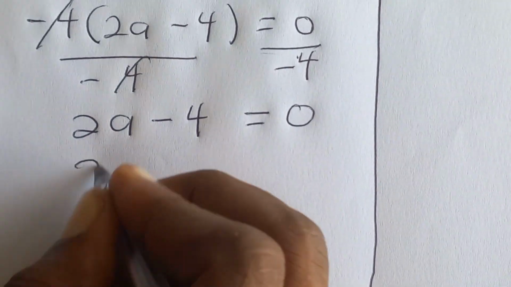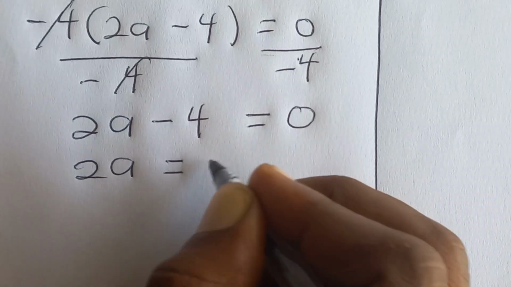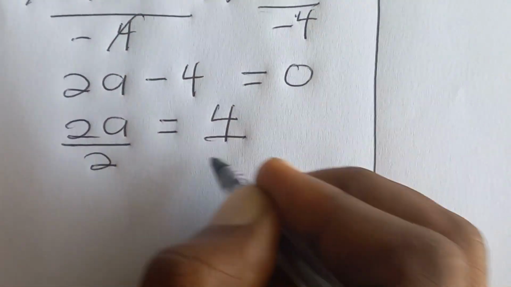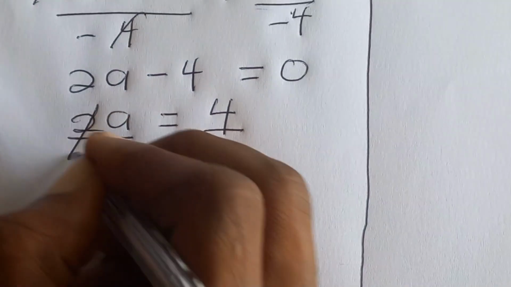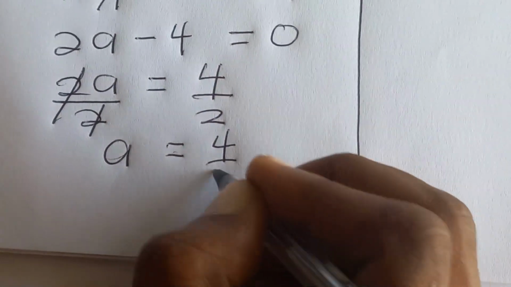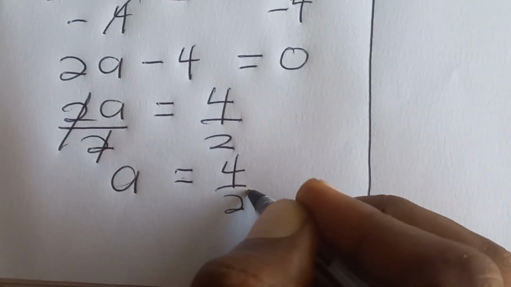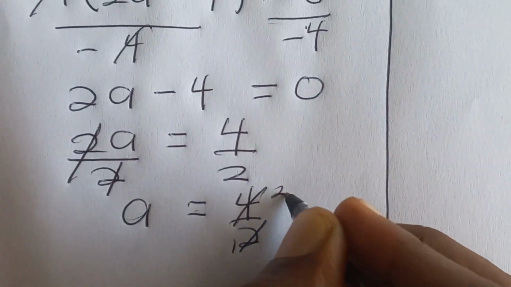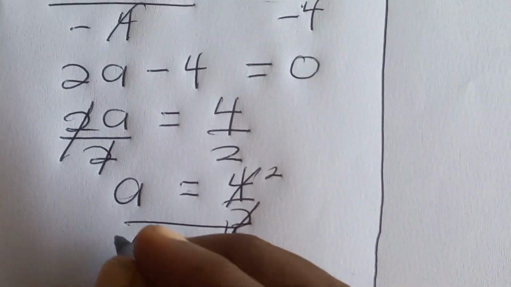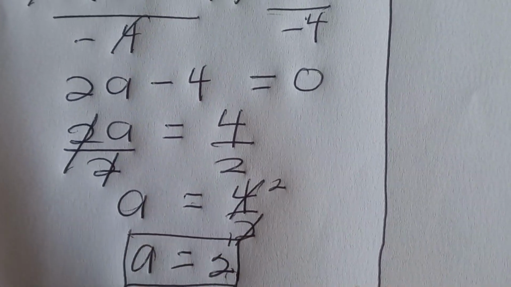So we are going to get 2a is equal to 4. Now we divide both sides by 2, leaving a is equal to 4 on 2. And 2 goes into 4 two times. So we say that a is equal to 2 for case 1.